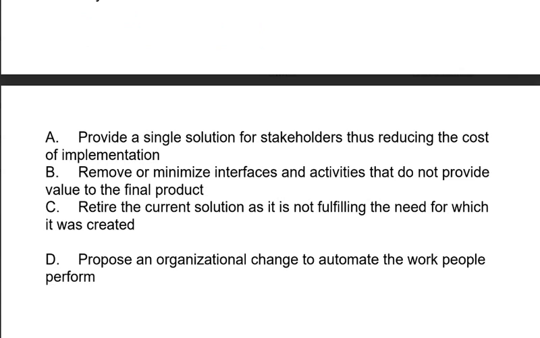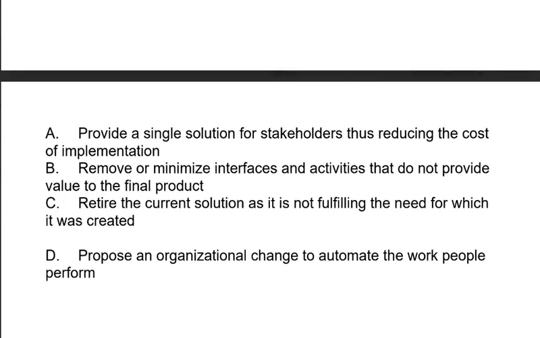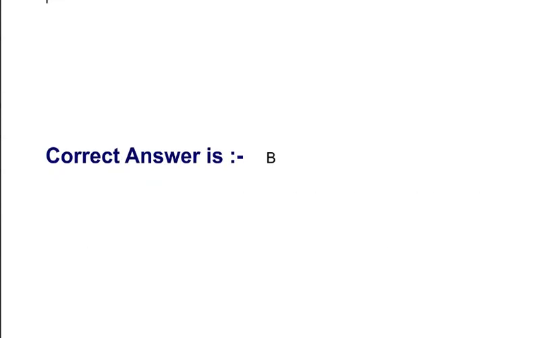Option B, remove or minimize interfaces and activities that do not provide value to the final product. Option C, retire the current solution as it is not fulfilling the need for which it was created. Option D, propose an organizational change to automate the work people perform. Correct answer is option B.